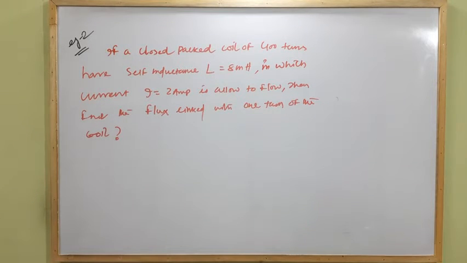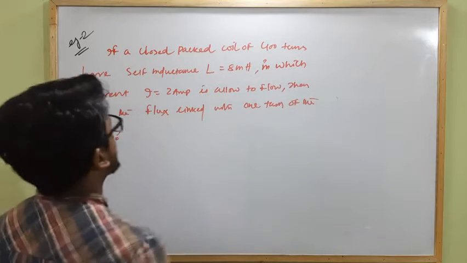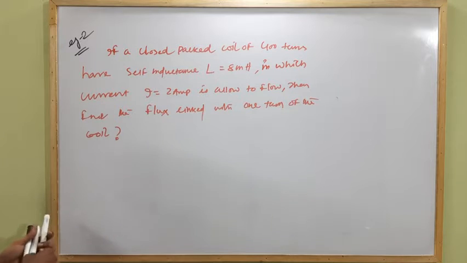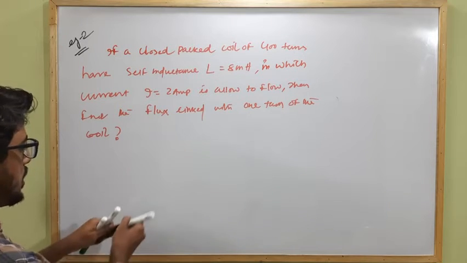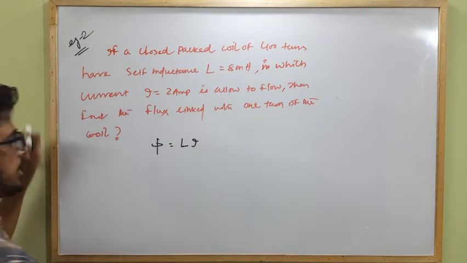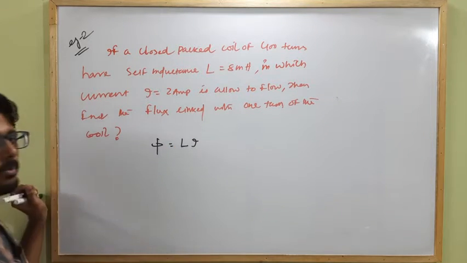Okay. So a closed packed coil of 400 turns has self-inductance L equal to 8 millihenry, in which current I equal to 2 ampere is allowed to flow. Then find the flux linked with 1 turn of the coil. So as we know, the flux linked with a coil will be phi equal to L into I. L is the self-inductance, I is the current flowing through the coil.